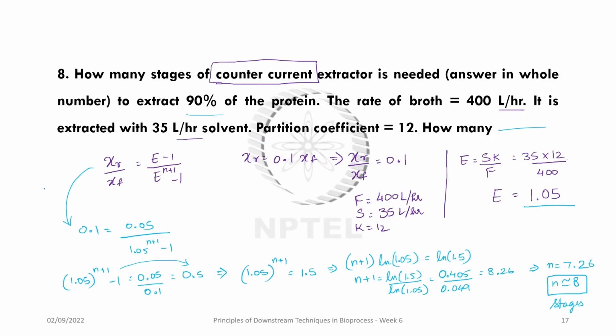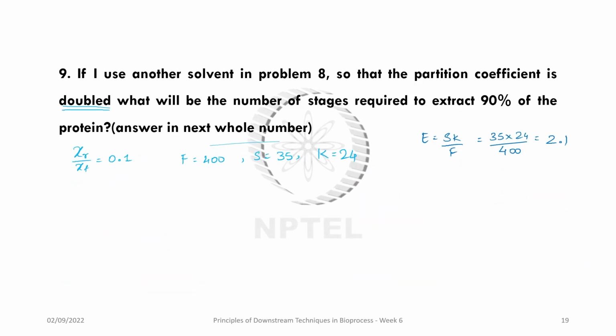So going back to the formula, what did we have? XR by XF is equal to E minus 1 divided by E power n plus 1 minus 1, which gives us 0.1 is equal to, what is E minus 1? 1.1 divided by 2.1 whole power n plus 1 minus 1.